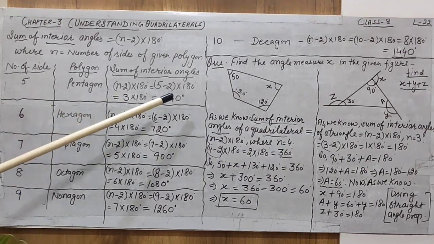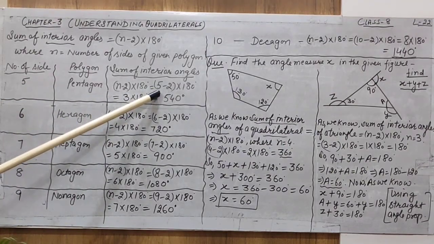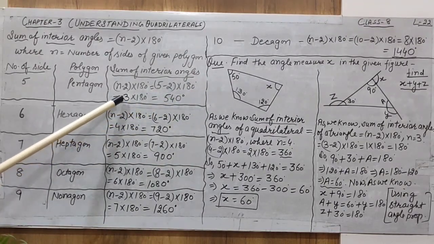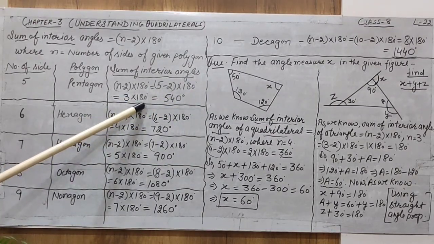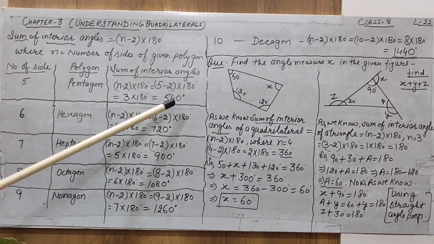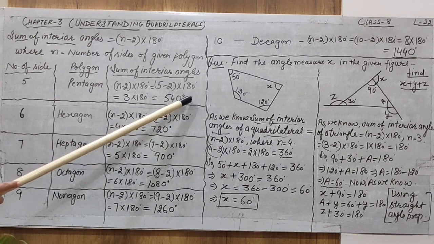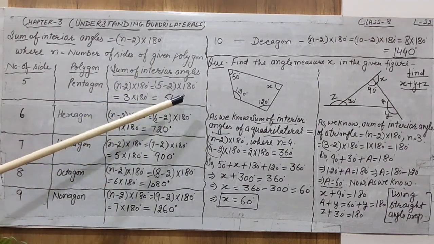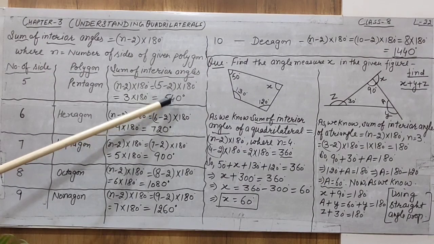In this formula, put the value of n, that is 5. 5 minus 2 into 180. 5 minus 2 is equal to 3, multiplied by 180. When 3 is multiplied with 180 degrees, we get 540 degrees. So this is the sum of all 5 interior angles.